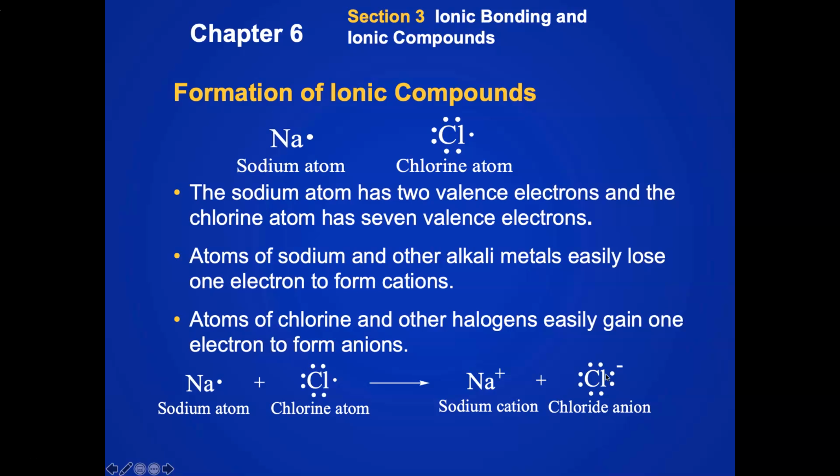Now, the cool thing about this is this describes how ions are formed in general on the periodic table. If the atom you're talking about is in group 1, it has one valence electron, and it will have no problem losing that one electron to bond with something that will take the electron on, like this particular chlorine atom, which is in group 17.